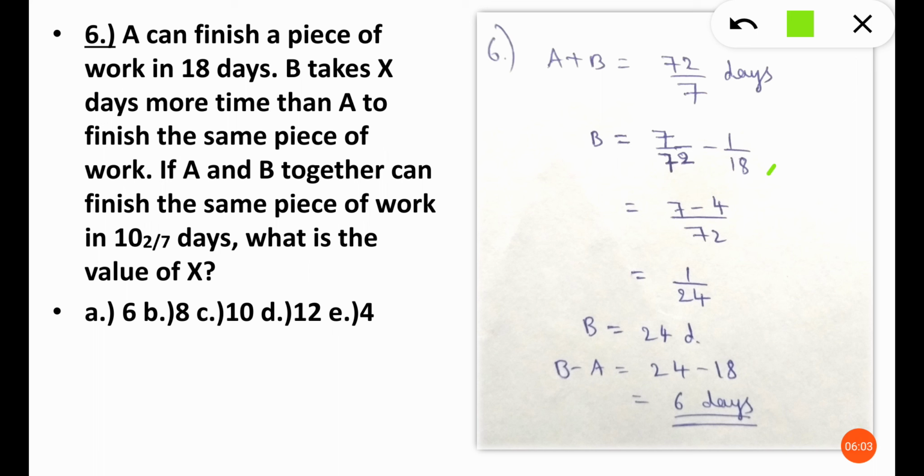After the subtraction we get 1/24. This is the 1 day work of B, and B can complete the work in 24 days. They ask to identify the difference between B and A. So B minus A is equal to 24 minus 18, that is 6 days. Option A is the right answer.